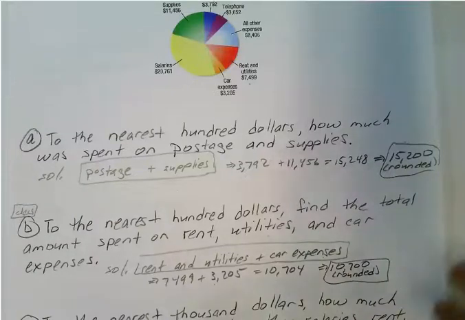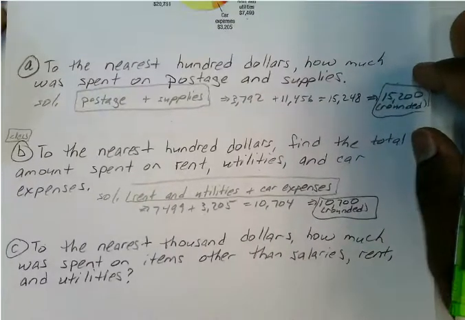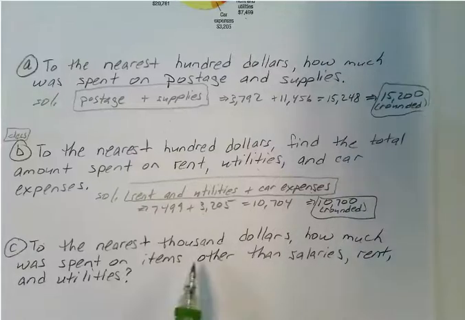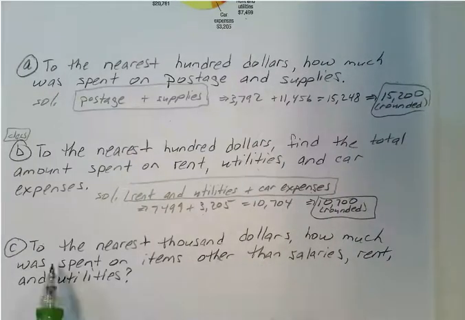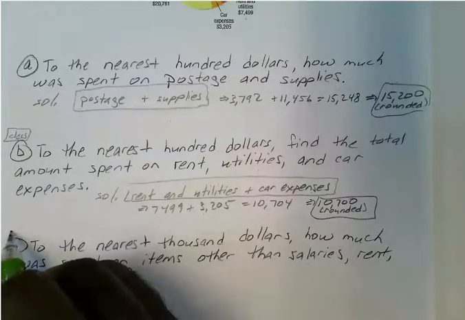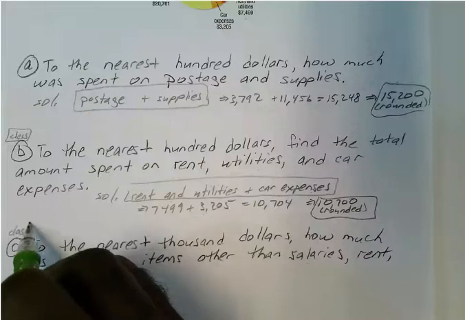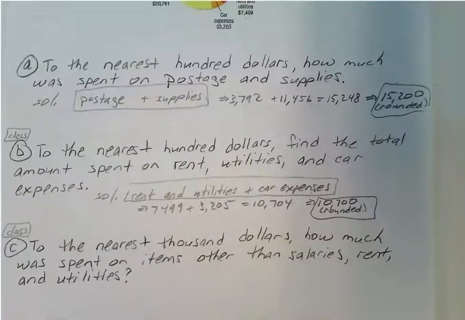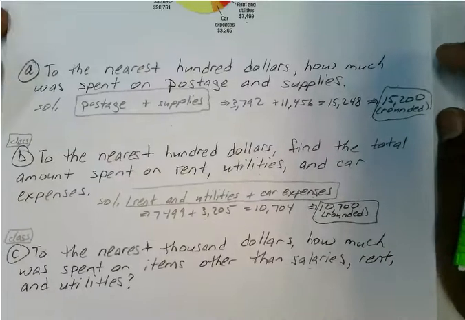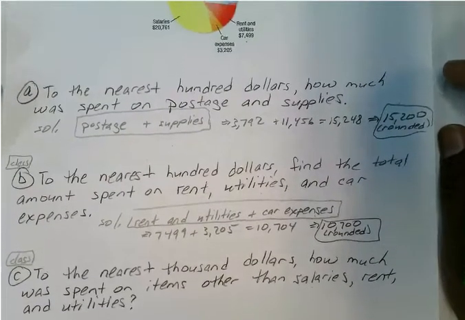All right, so scrolling up, to the nearest $1,000, how much was spent on items other than salaries, rent, and utilities? Okay, so I want you to do this one. If you're still writing down that question, feel free to pause it, but I'm going to go ahead and move it back up so you can actually see the graph.